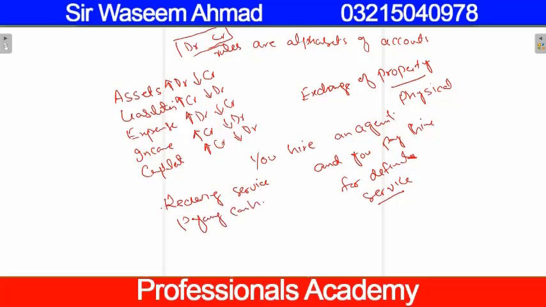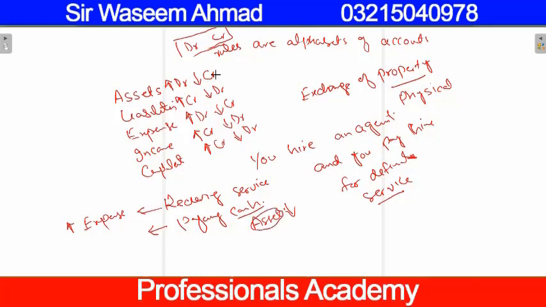So receipt of service is your expense, and payment of cash is an asset which is decreased. So your expense is increased in this transaction, and your cash, that is an asset, is decreased in this transaction.